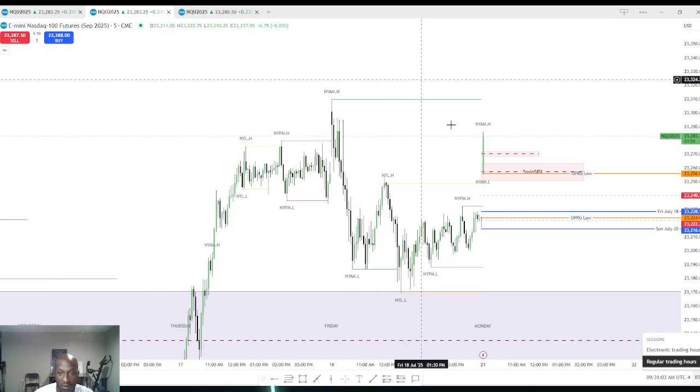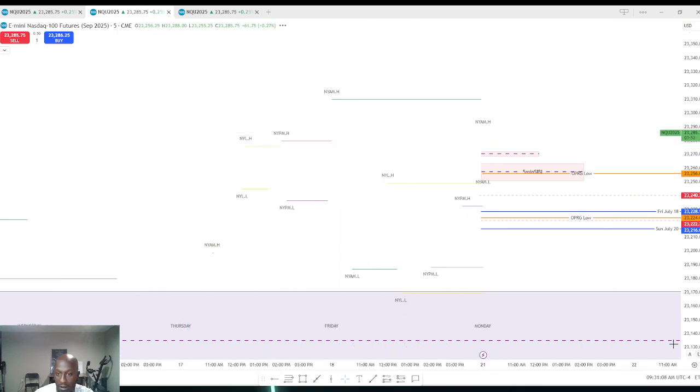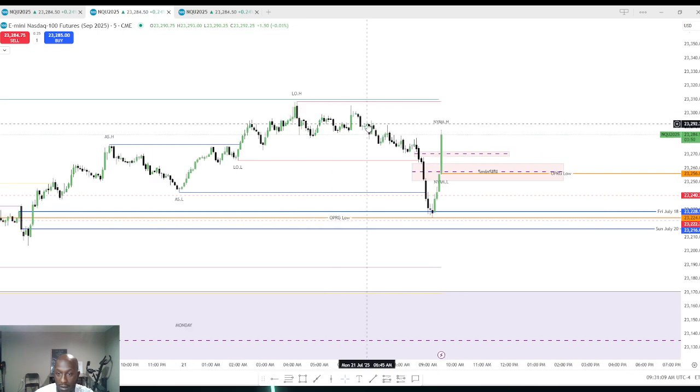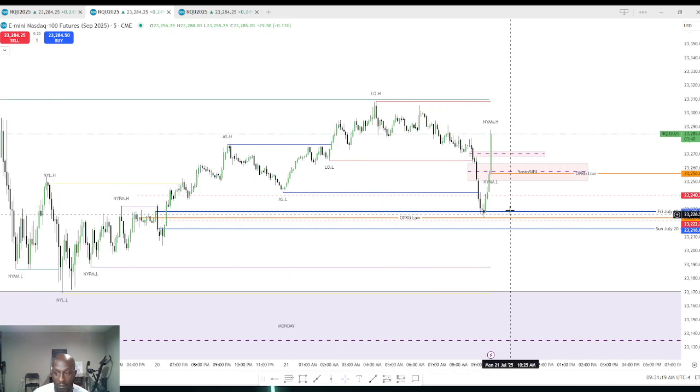So the only thing up here in the regular trading is the New York AM high. So it looks like we're going to push for that, considering we just ran low, rejected off of the top of a new week opening gap.